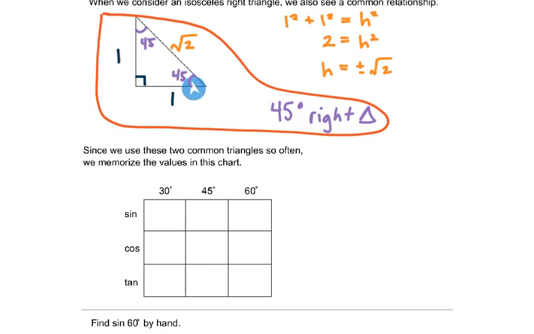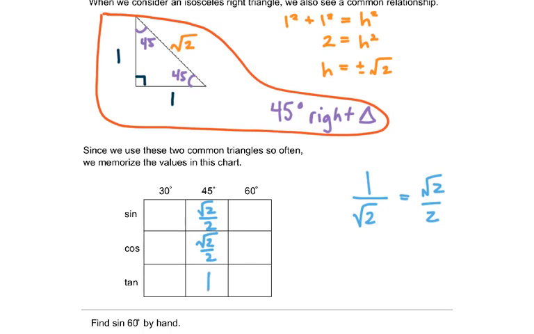Dealing with 45 as an acute, sine 45, opposite over hypotenuse, that's going to be 1 over root 2, and 1 over root 2 rationalizes to root 2 over 2. I'll get the same thing for cosine of 45, adjacent over hypotenuse, root 2 over 2, and tangent, opposite over adjacent, that's going to give me 1.